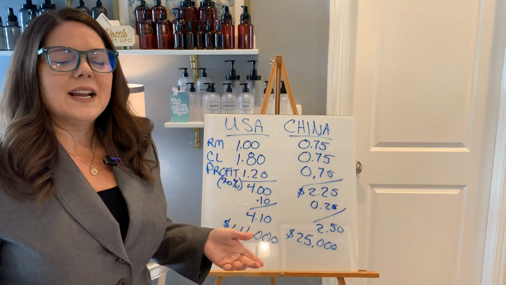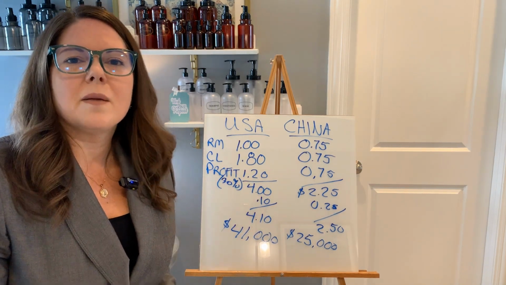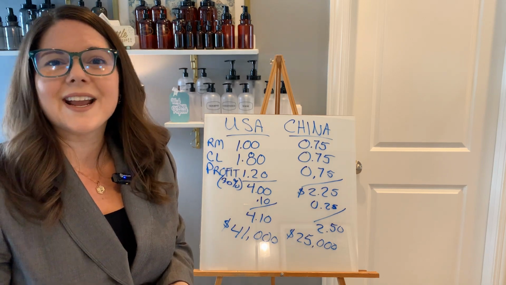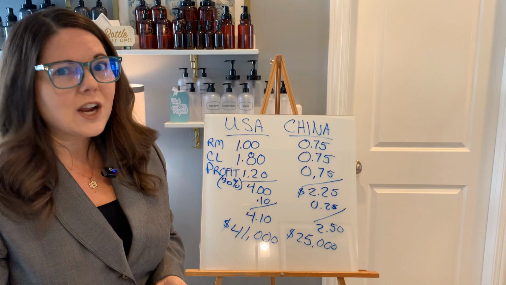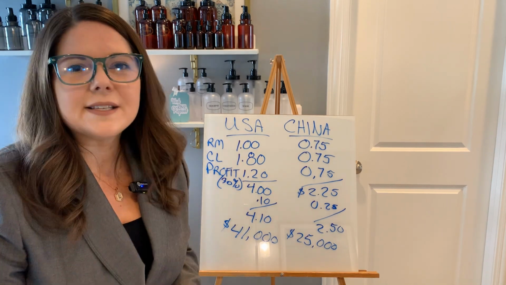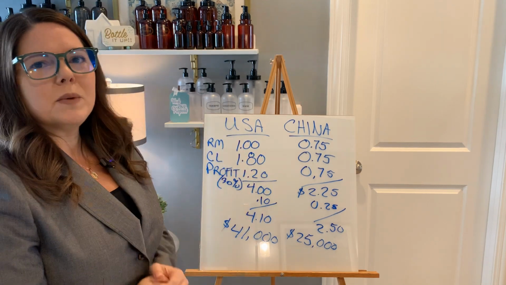$4.10 and I have to now ship all those products to somebody who's going to package them up for me, if I don't want to live in my basement for the next 30 years, which I don't, I have to find somebody who will label or print the bottles that I want to be printed or labeled.